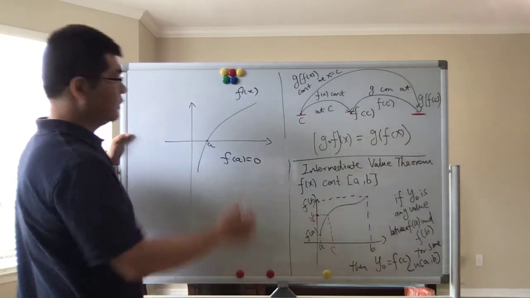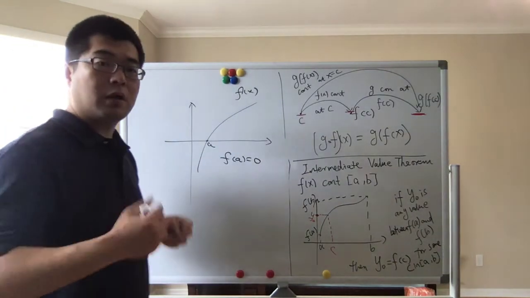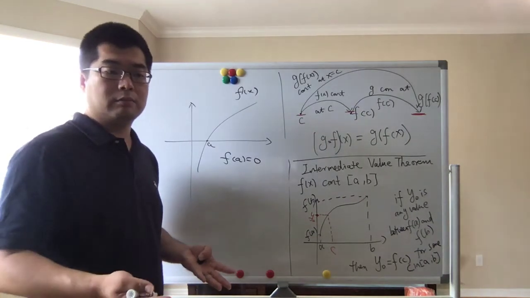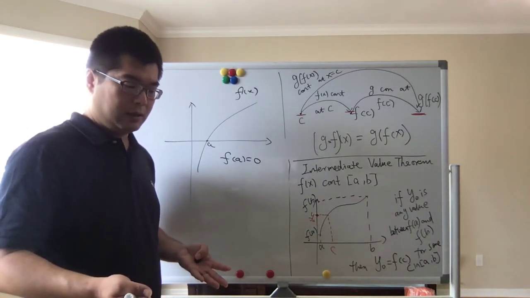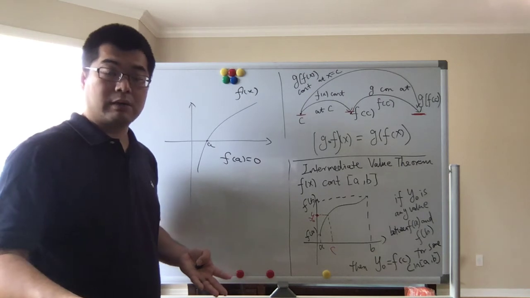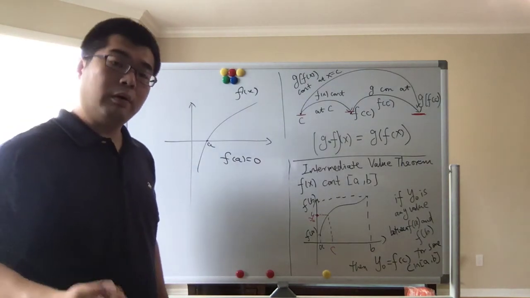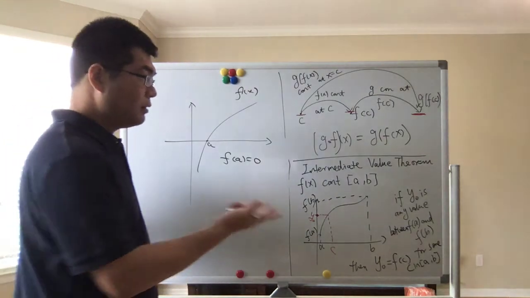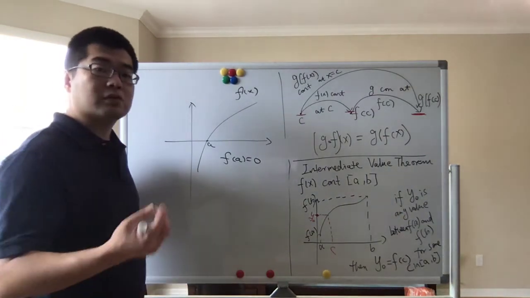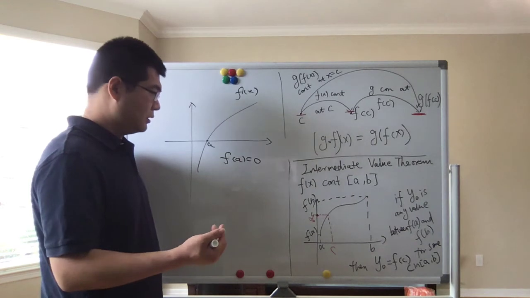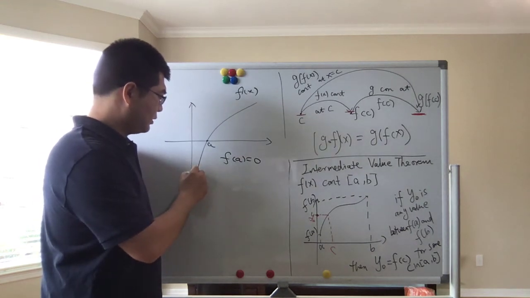But often, if this function is too complicated, we might not be able to solve it explicitly, right? So how do we solve it numerically? Well, the intermediate value theorem starts to play a role here. Now let's think about it this way, guys.